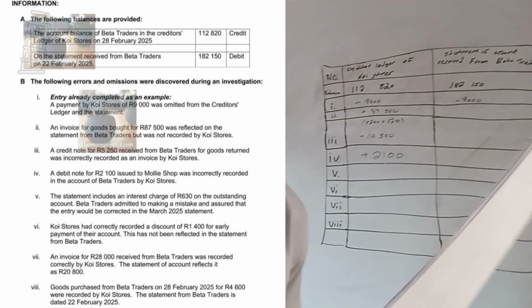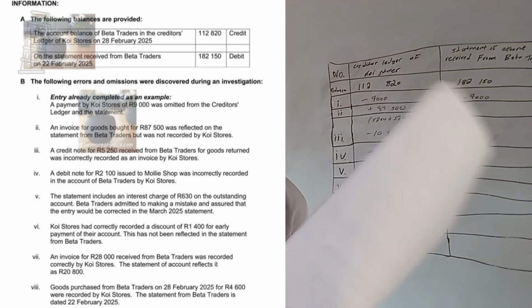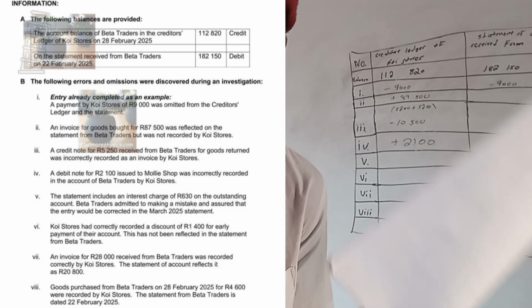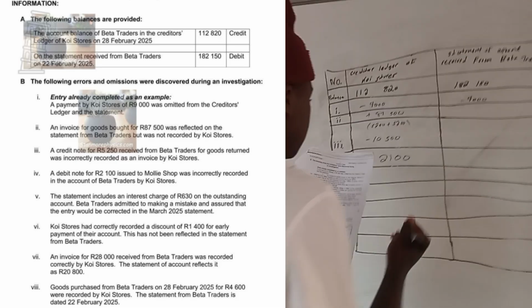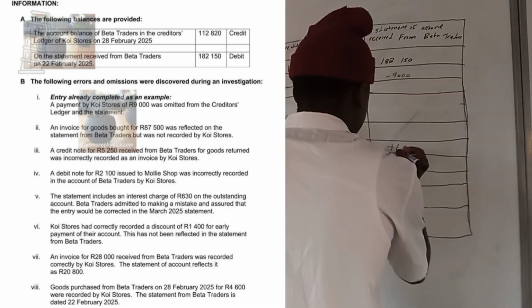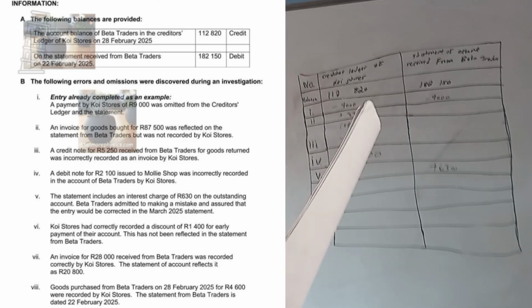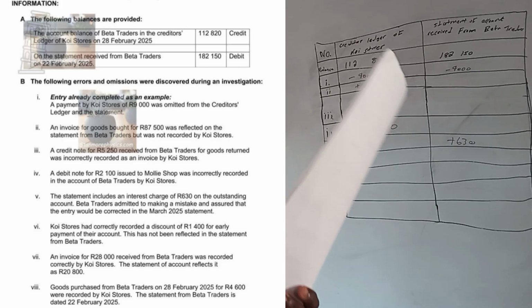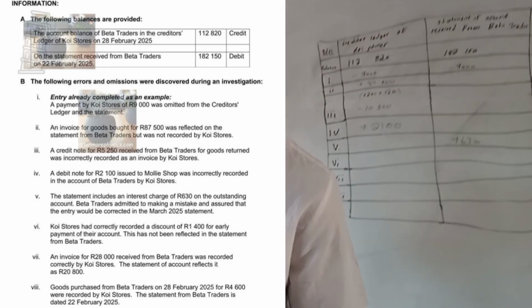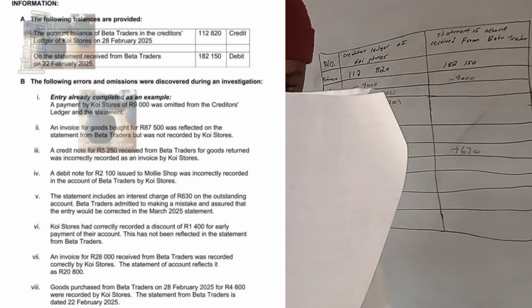They charged us interest because we owe them money. So we say plus 630 interest because we owe them our outstanding account plus 630 interest. Okay? And then Roman numeral 6.